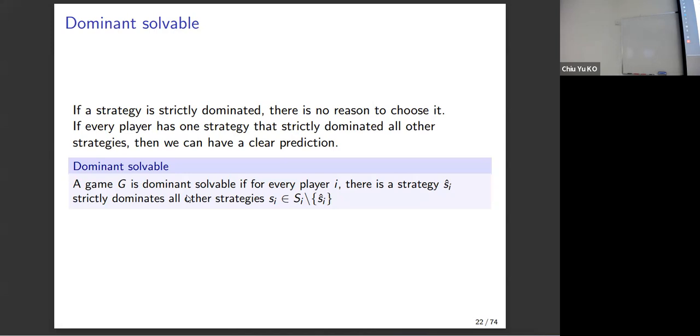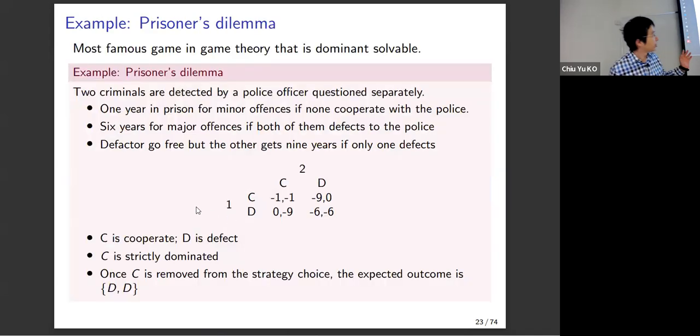And if you know I'm not stupid, and I know you know I'm not stupid, and I know you know I know, and so on and so forth, it means the game would be reduced to a game where no stupid strategy is chosen. Just like a dominant strategy: if you know I'm not stupid, I always think defect is better than cooperation, right? So knowing that, the game reduces to just D and D. There's nothing to choose. So that game is called dominant solvable.